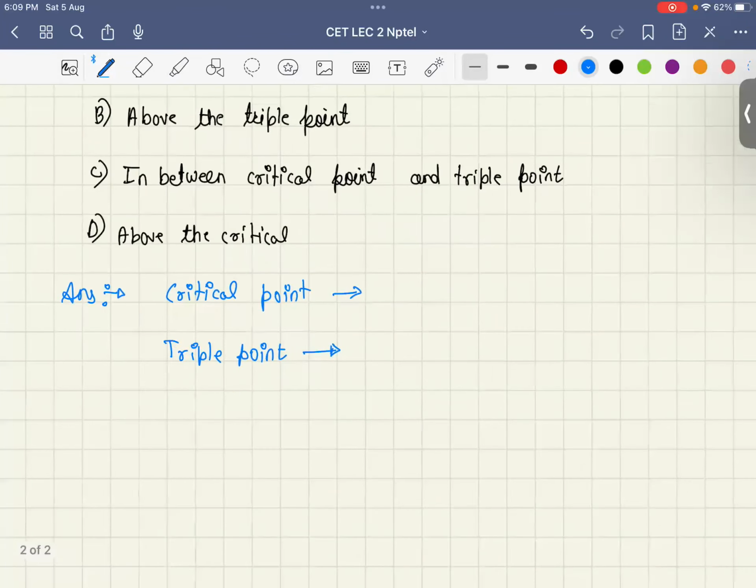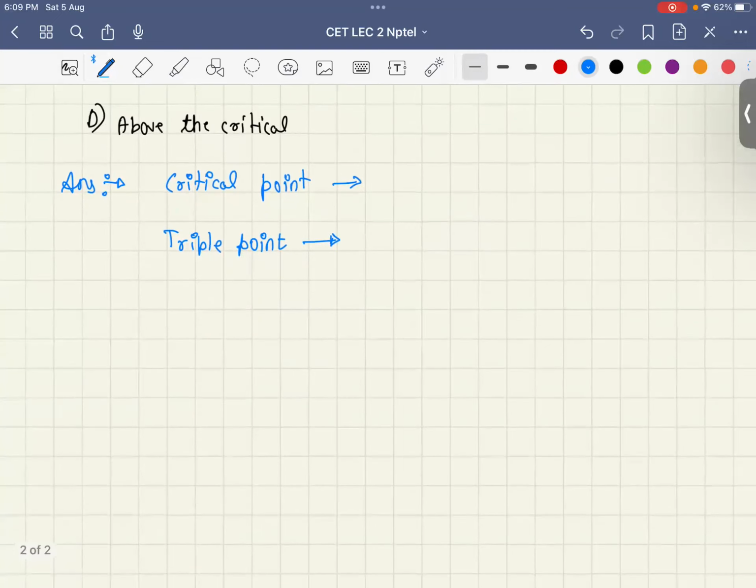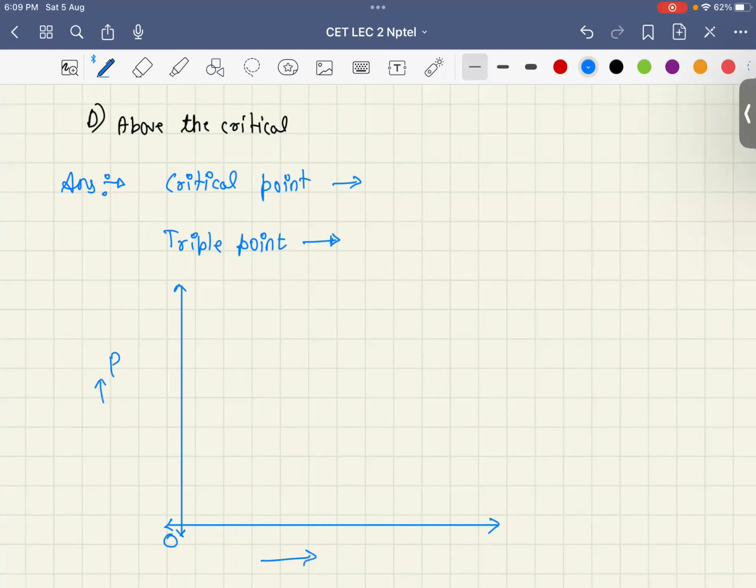For example, if you draw the PV diagram of pure component, this is origin, this is pressure, and this is temperature. This is in degree Kelvin, and this is in atm. So the diagram for water looks like this.